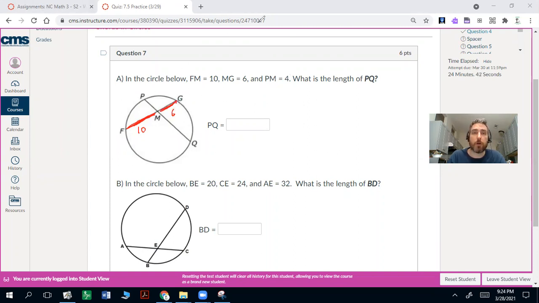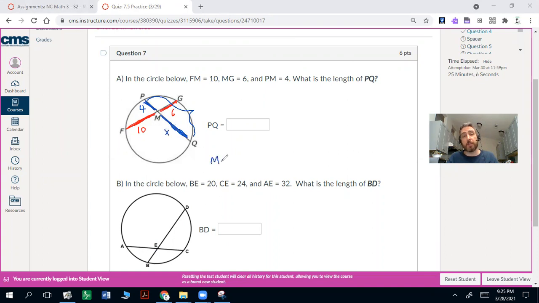PM is 4. And what is the length of PQ? Now, PQ is not MQ, right? PQ is this whole thing. So in this problem, you still have to get MQ, but that's not the answer.